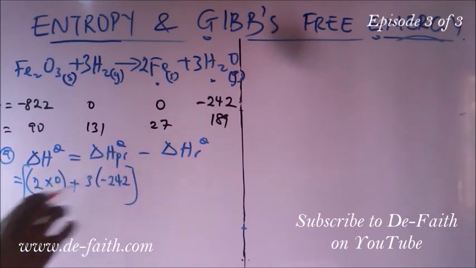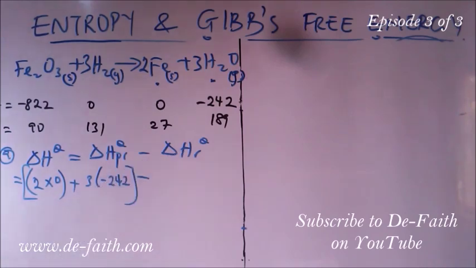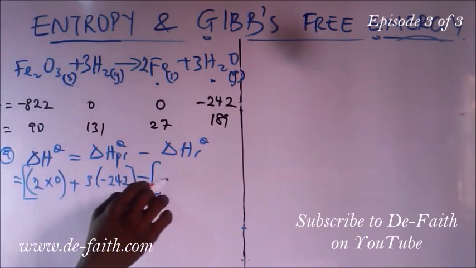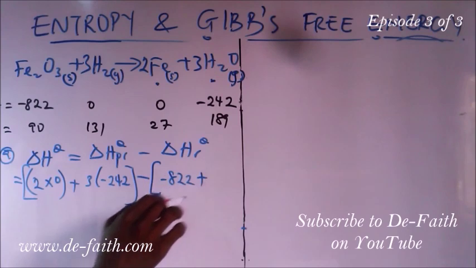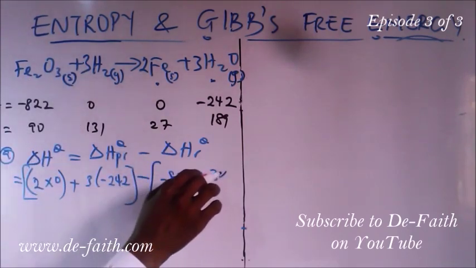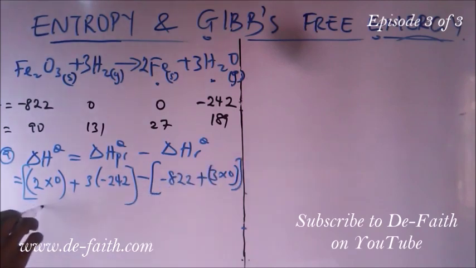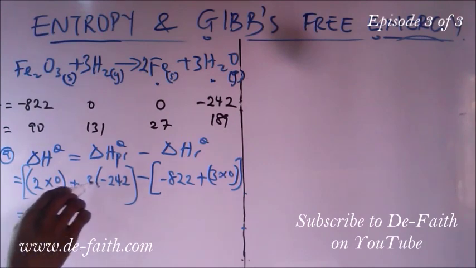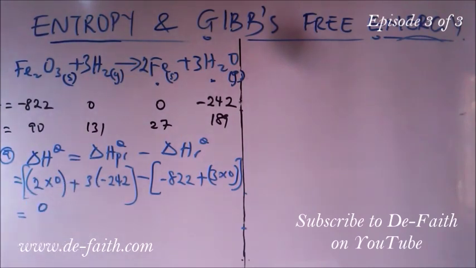So these are the products. Then minus, for the reactants, we have minus 822 plus, for the other reactant, hydrogen, we have 3 multiplied by 0. Now 2 times 0 gives 0 plus 3 times minus 242. That gives minus 726. Alright, so 2 times 0 is 0. Then 3 times minus 242.